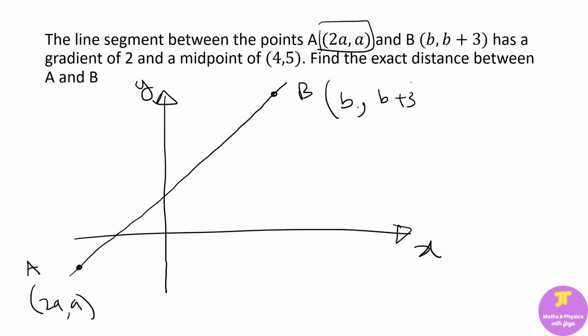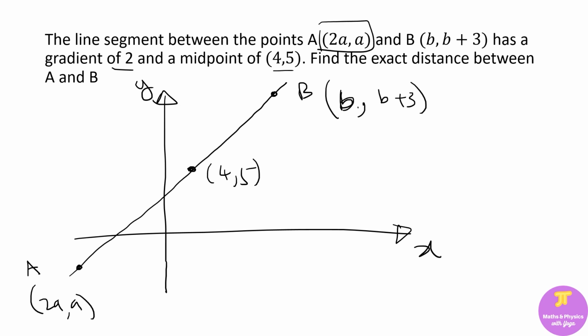If I draw the y-axis and x-axis, this is point A. They are saying the gradient is 2 and the midpoint is (4, 5). We have two pieces of information, the midpoint and the gradient, and we need to find two unknowns, a and b.